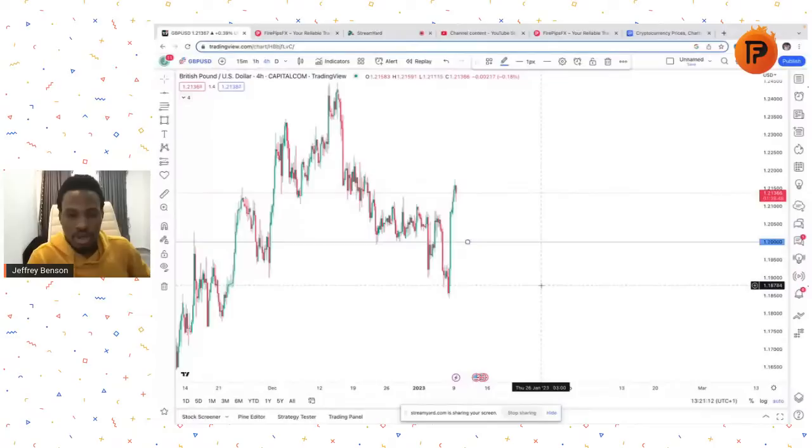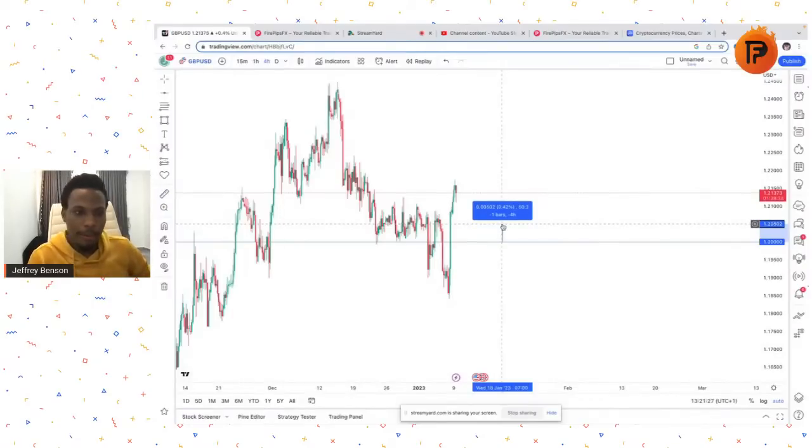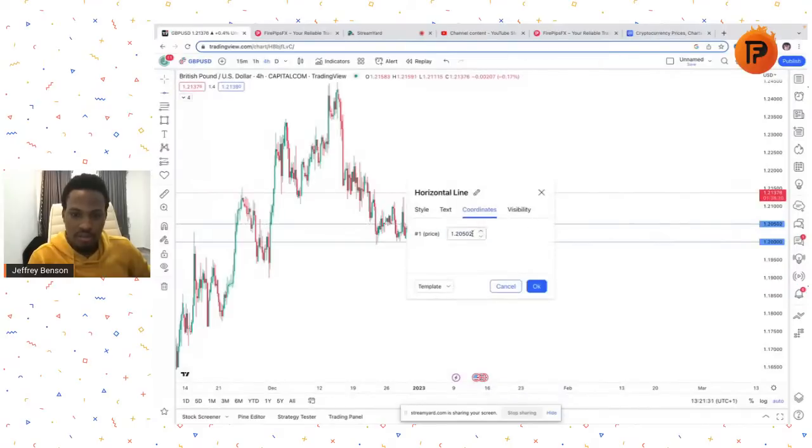It is that simple. In order to get the next one, you have to calculate 50 pips to the upside or 50 pips to the downside. Easy peasy. So I'm going to calculate 50 pips here. 50 pips to this point, that's 1.205. Boom.